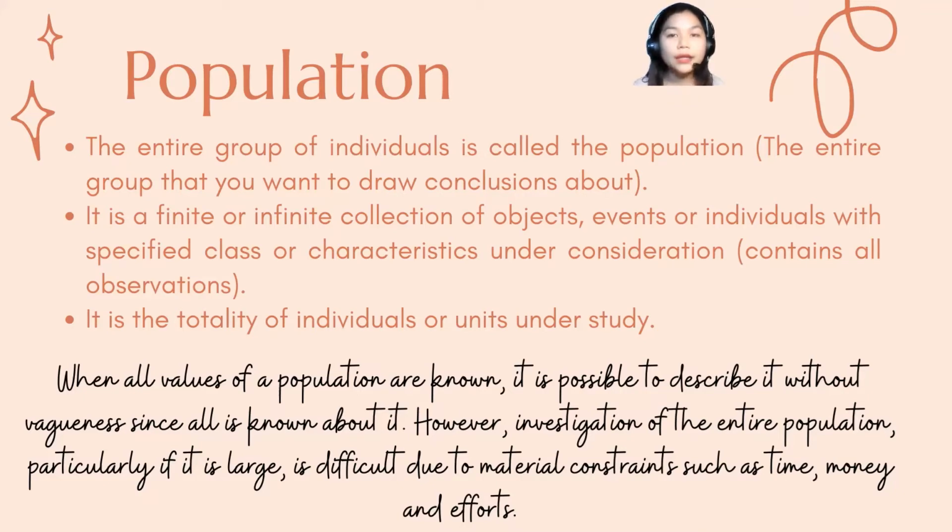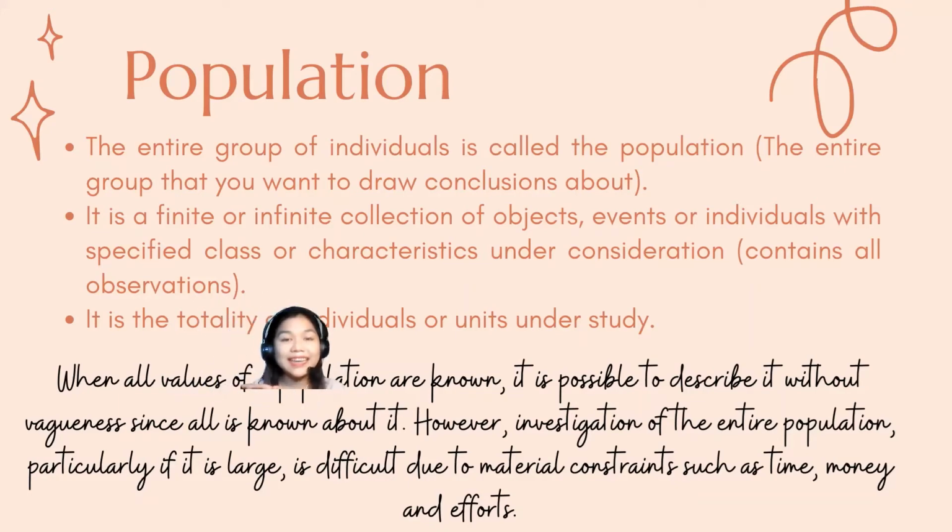Okay, take note that when all values of the population are known, this is actually a good thing. It is possible to describe it without vagueness since all is known about it. So it would be clearer for us to describe or define the whole population if all values or all individuals are known.